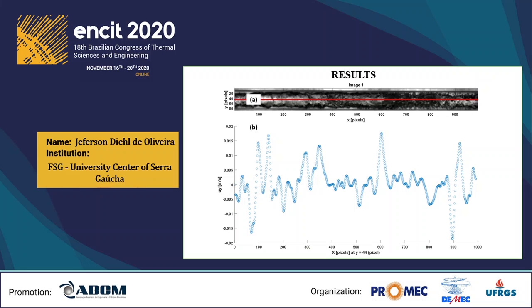In fact, that's the center of the tube. The frequency of fluctuations in this component is caused by deformations of the interface, as can be seen here, and such deformations result from Kelvin-Helmholtz instabilities.